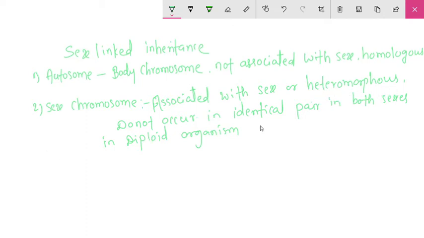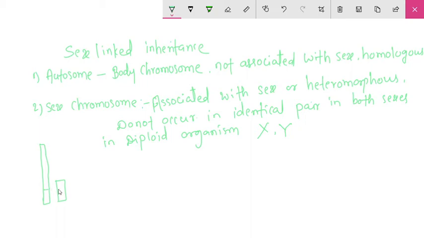The sex chromosomes are of two types, the X chromosome and the Y chromosome. These chromosomes are heteromorphous. Suppose in a human being, it is the X chromosome and the Y chromosome.